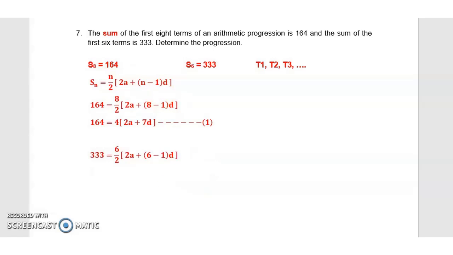Okay, simplify this one. 6 over 2 equal to 3, times 2a plus 6 minus 1, 5d here. Okay, then we let this one be the second equation. So again, we use simultaneous equations in order to determine the progression or the sequence, since we have two unknown values here.